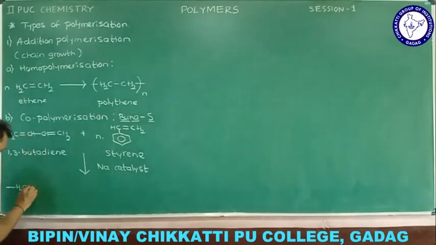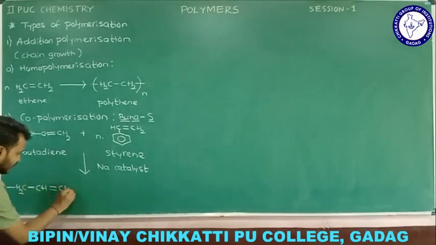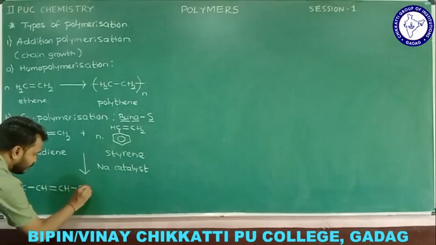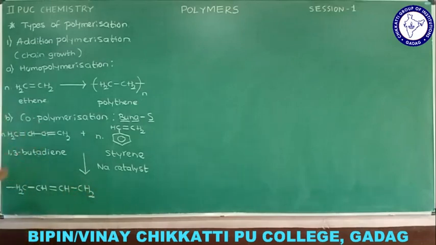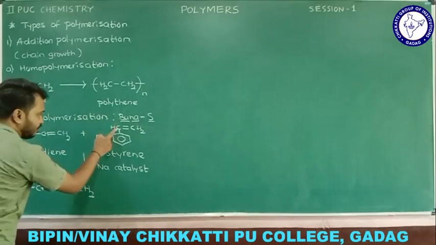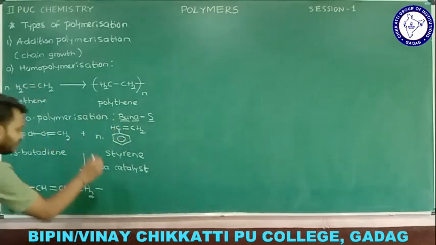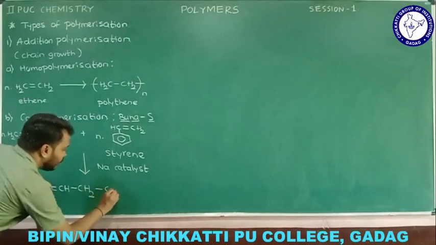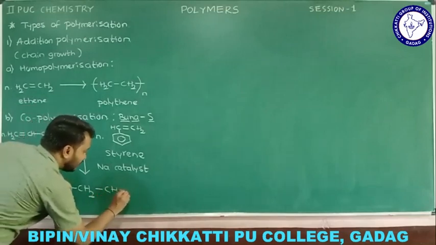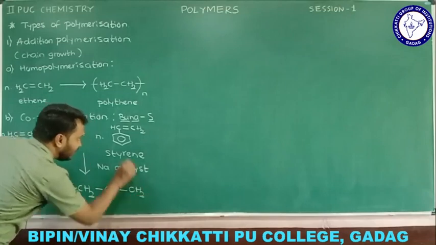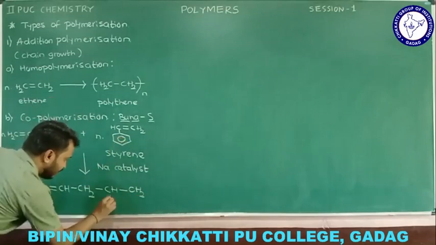So the double bond I am going to write here as single, and the CH single bond we have, I am going to write double, and the CH double bond we have, I am going to write CH2. This part is over now. So this carbon is going to be linked with this carbon, not with the benzene here. Then we are supposed to join with CH, and single bond CH2 we have, and to the second carbon we have a benzene ring.